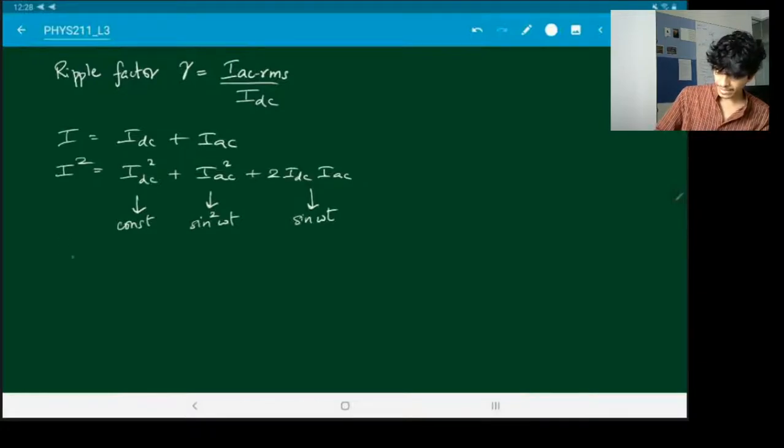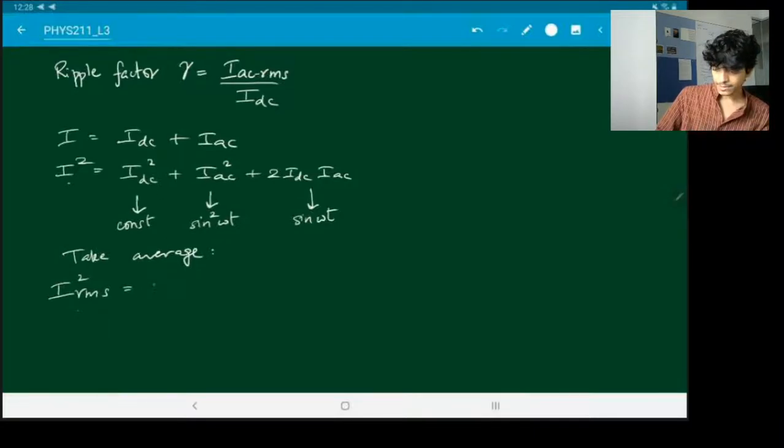So now if I take the average of this equation, then what I get is I RMS square, because square root of the average of the square is how we define RMS. So average of I square is just I RMS square.